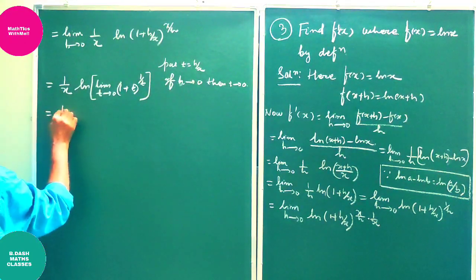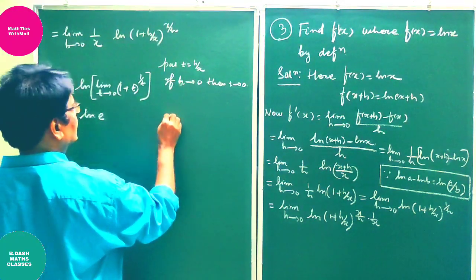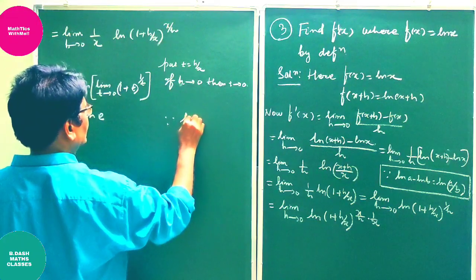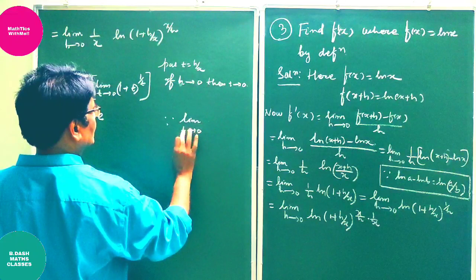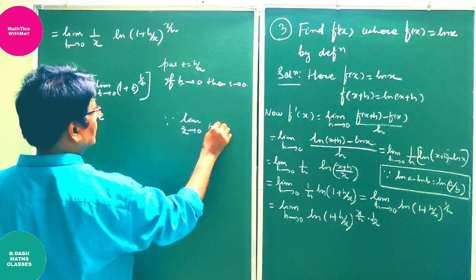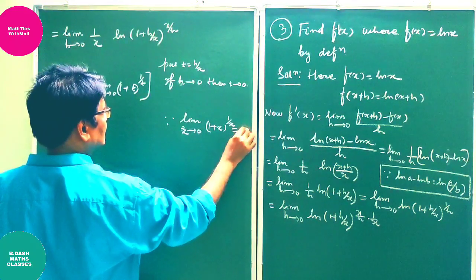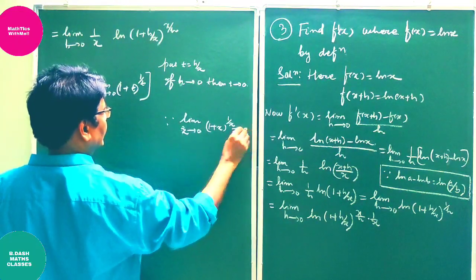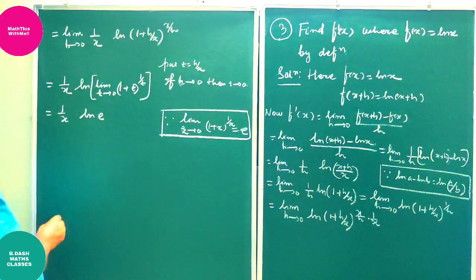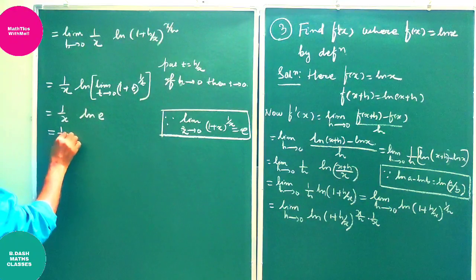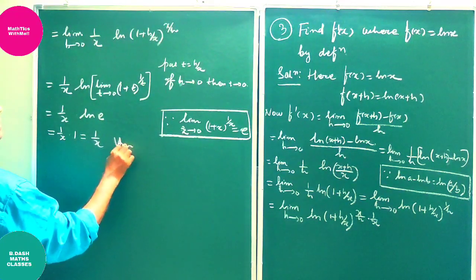So this is equal to 1 by x ln, this is e, since limit x tending to 0, (1 plus x) to the power 1 by x is equal to e. So this is equal to 1 by x into 1 is equal to 1 by x, answer.